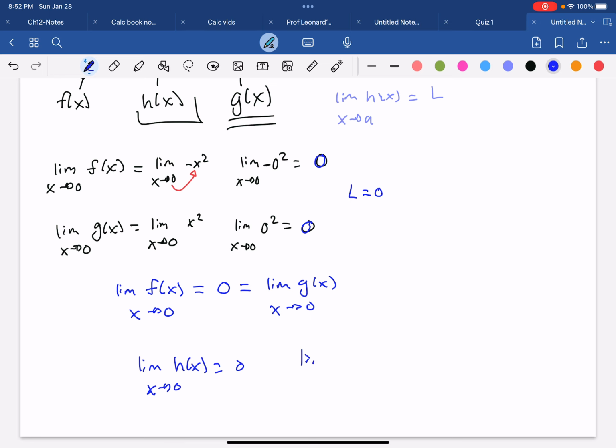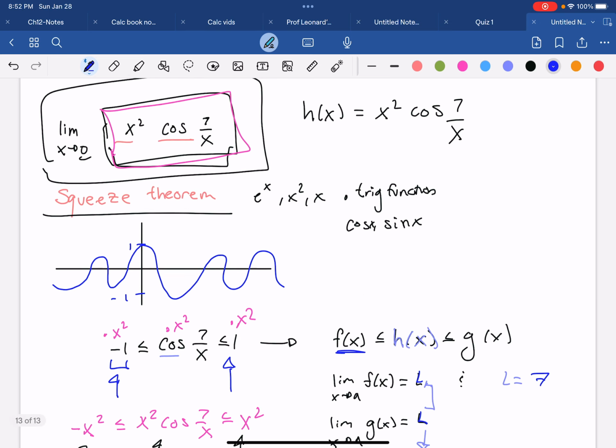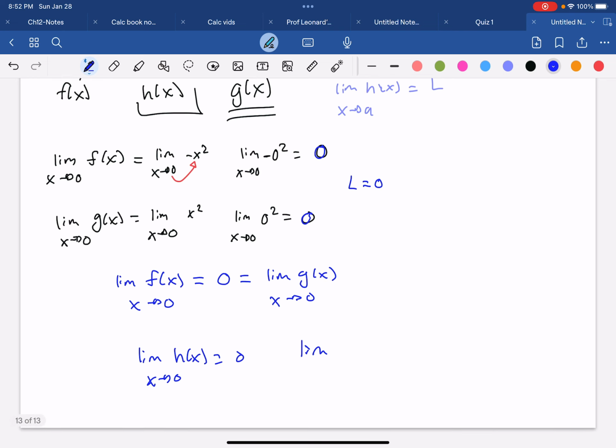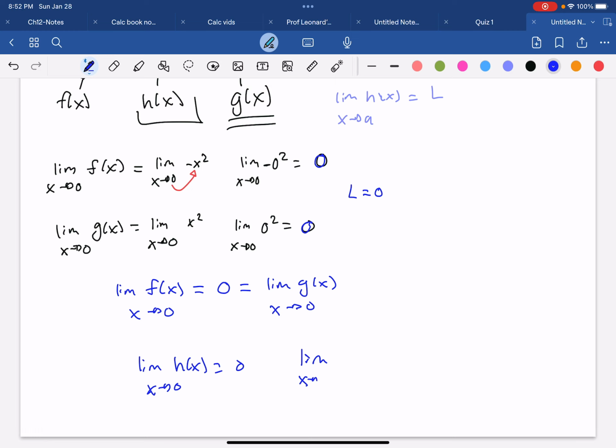We said our h of x function is x squared times cosine 7 over x. So the limit as x approaches 0 of x squared times cosine 7 over x is going to be equal to 0 by the squeeze theorem.